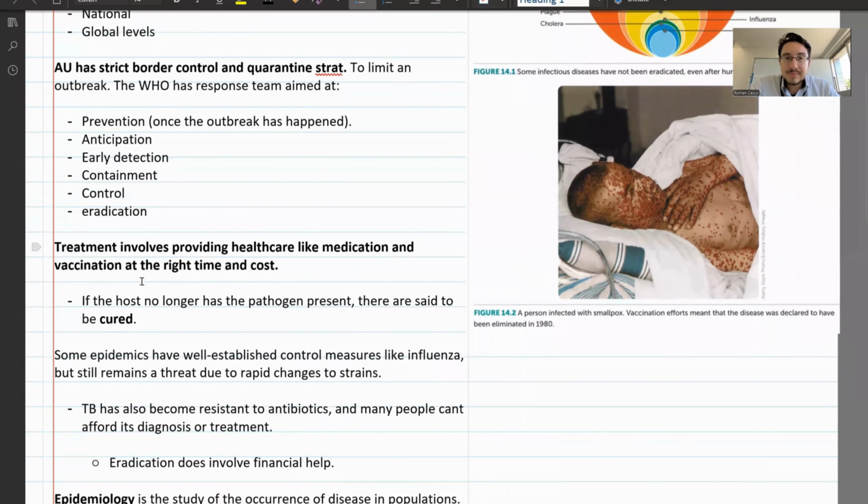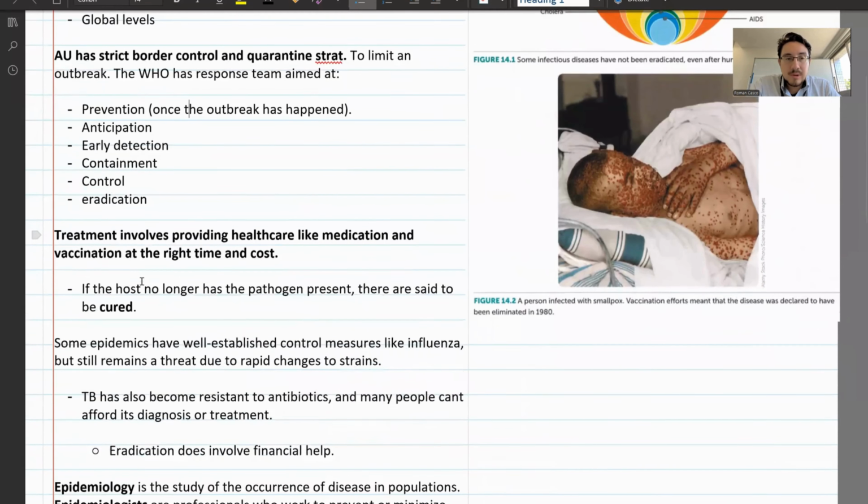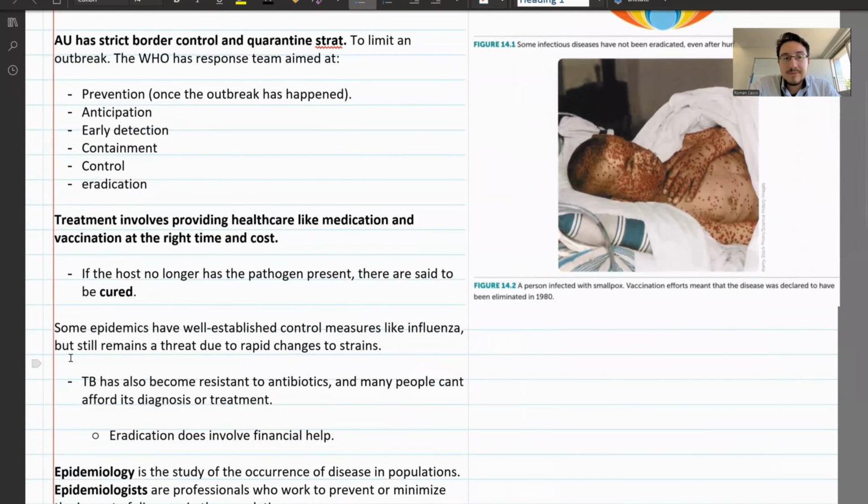And hopefully affordable, as much as it can be, right? To be spread throughout the whole area, right? And then ultimately, when you have all these strategies together, if the host doesn't have any symptoms or any pathogens present, then you are said to be cured when you don't have the pathogen anymore, right?